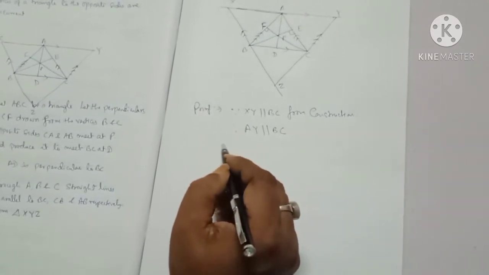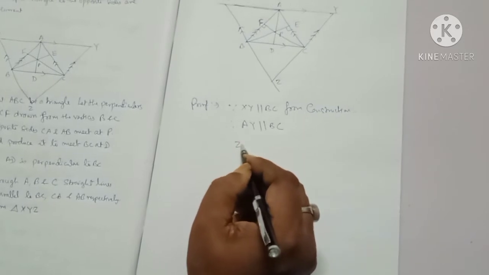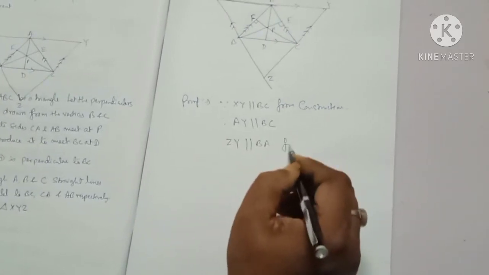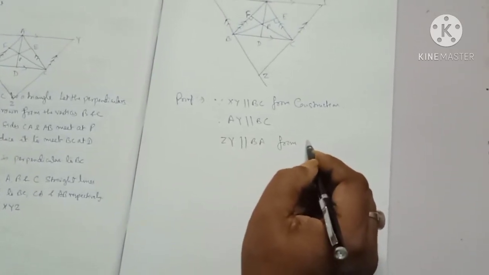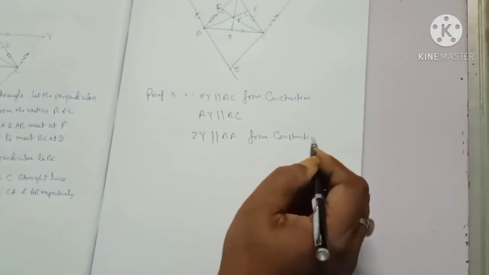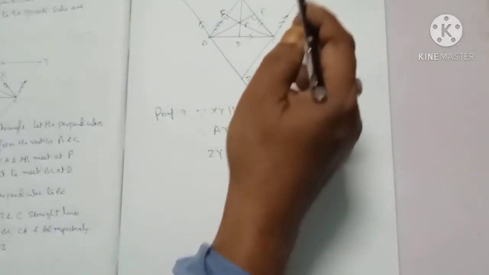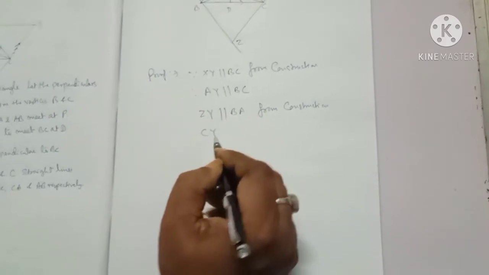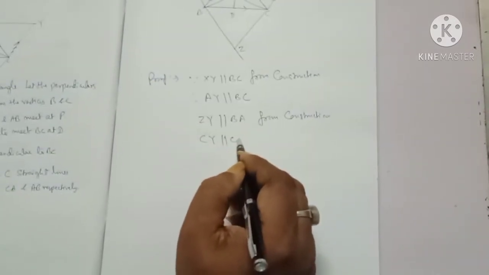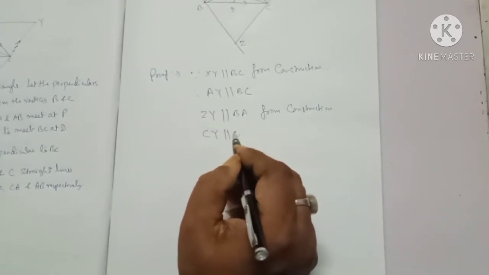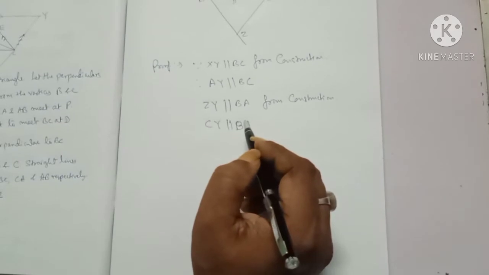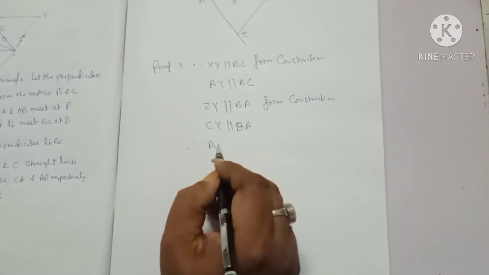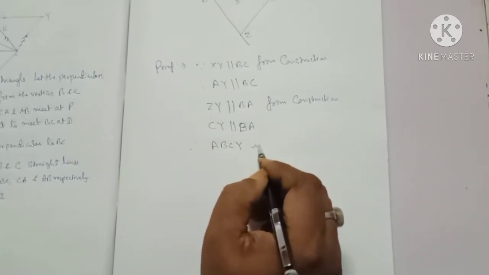Again, since ZY is parallel to BA, also from construction, CY is parallel to BA. Therefore, ABCY is a parallelogram.